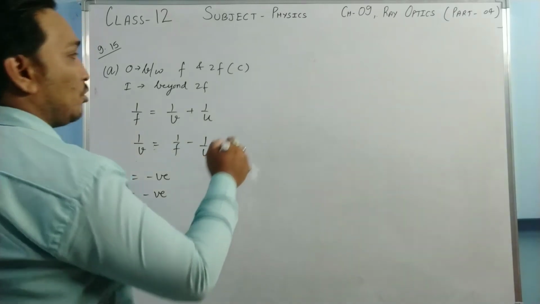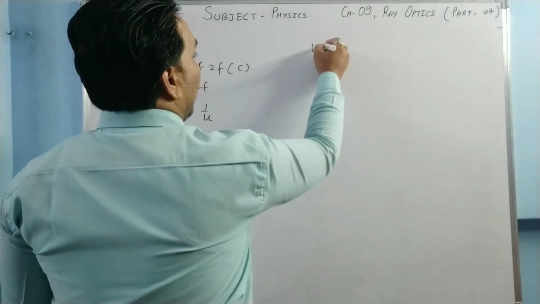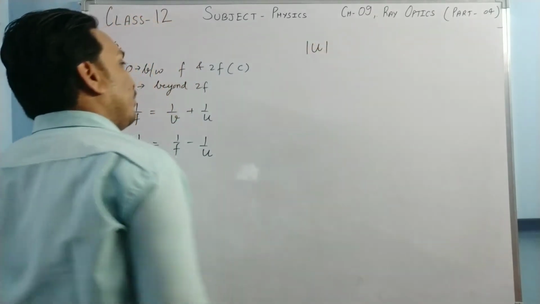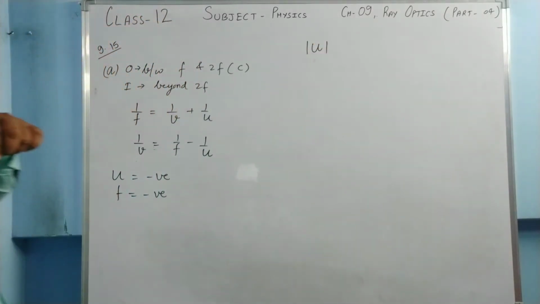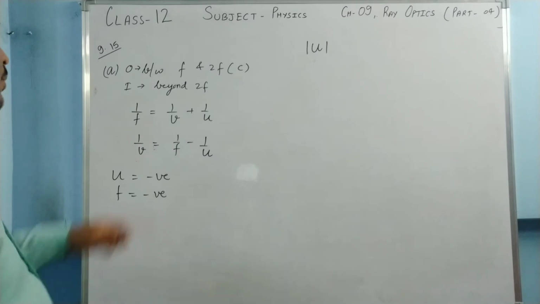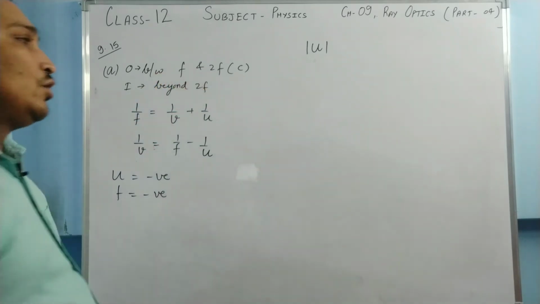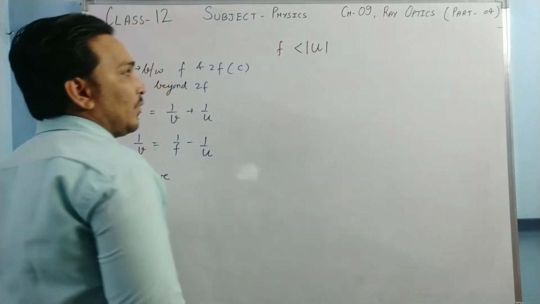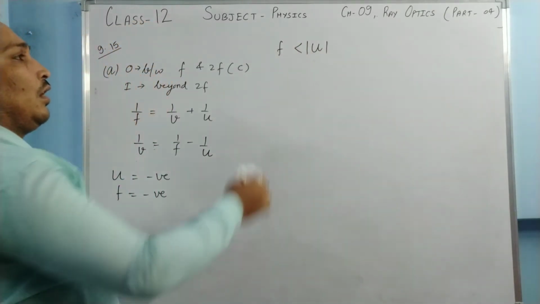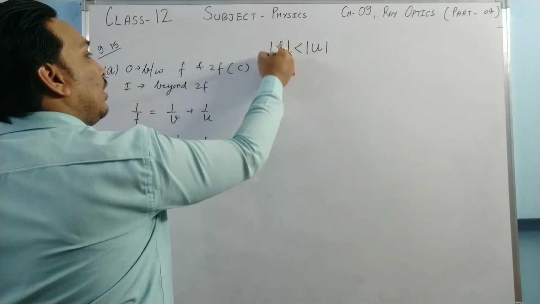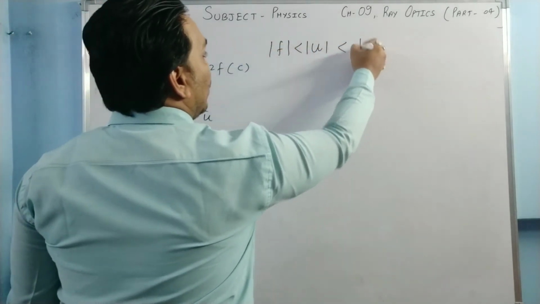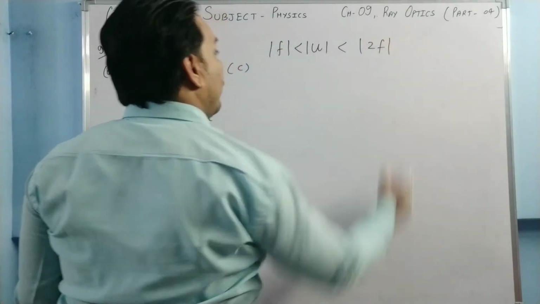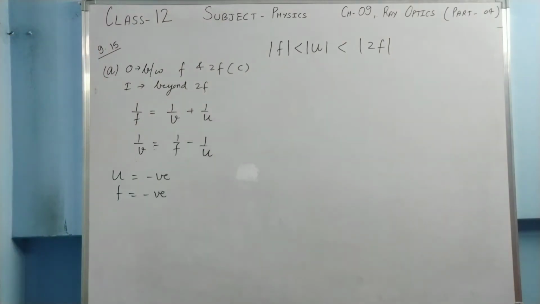So as per the question, the magnitude of u must be between f and 2f. So it should be greater than f, and it should be less than 2f.